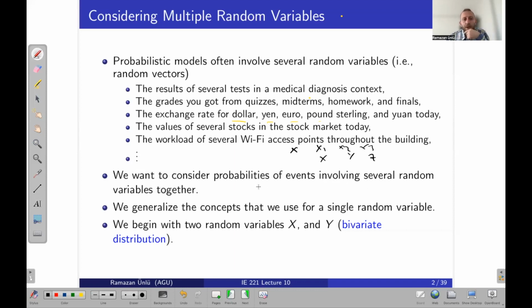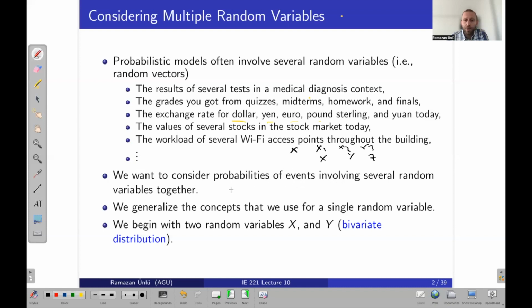Or in other words, the probability of one random variable will be shaped based on the probabilities of the other random variables.